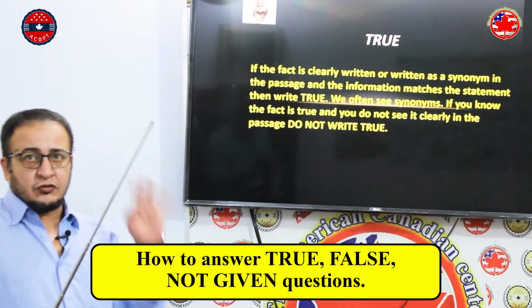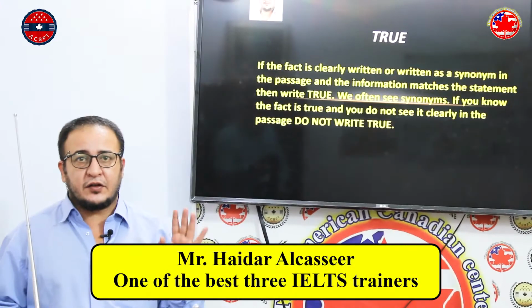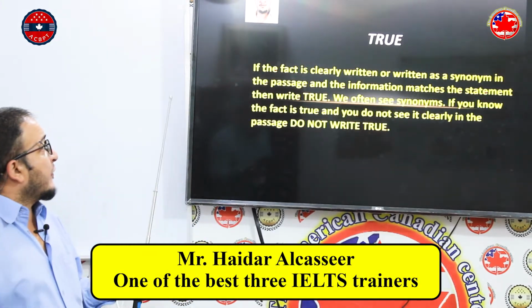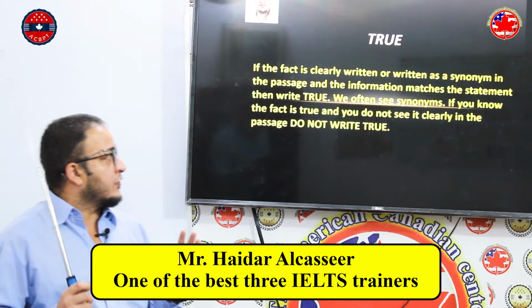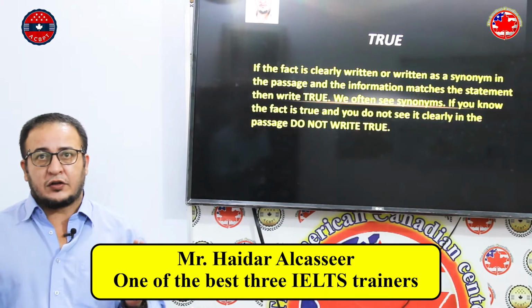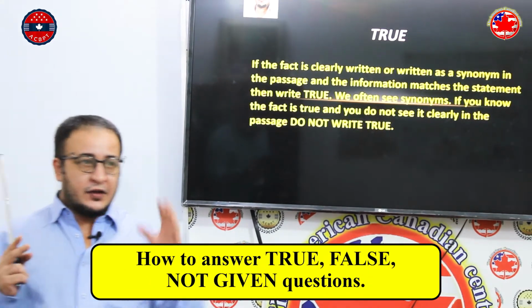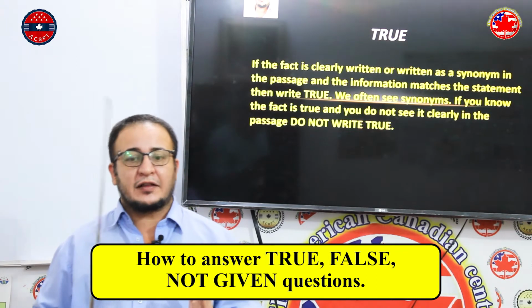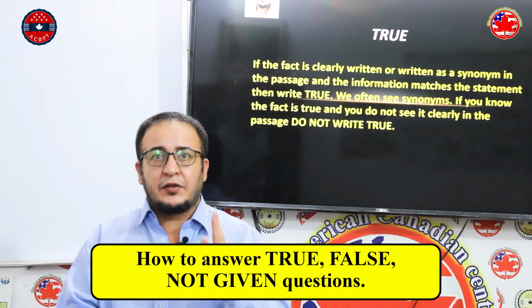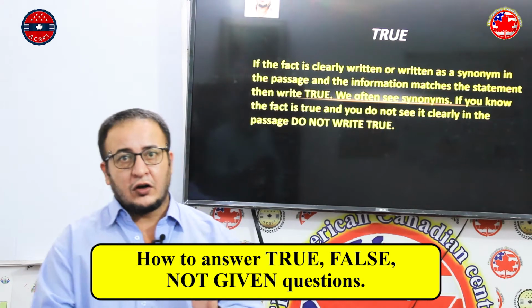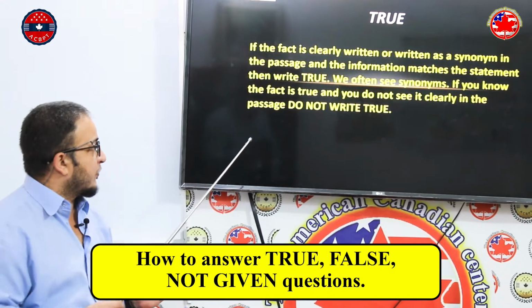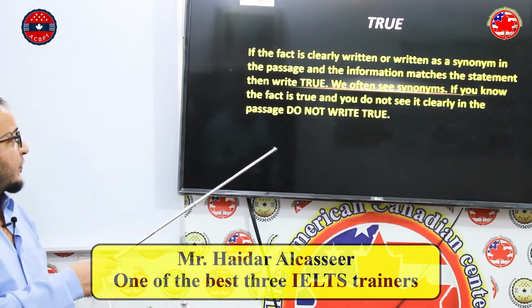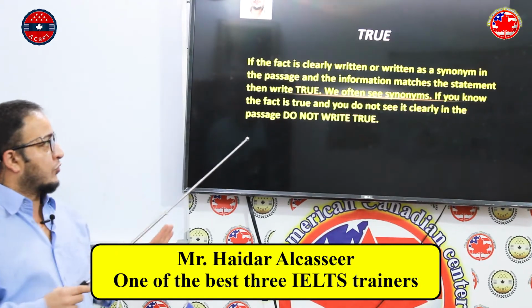True. How to decide if a statement is true? If the fact is clearly written or written as a synonym. If the fact is clearly written, that means you see it with your eyes, or written as a synonym in the passage, and the information matches the statement, they write true.